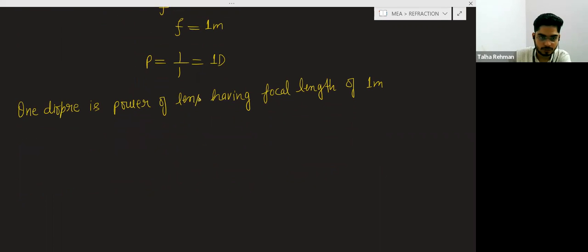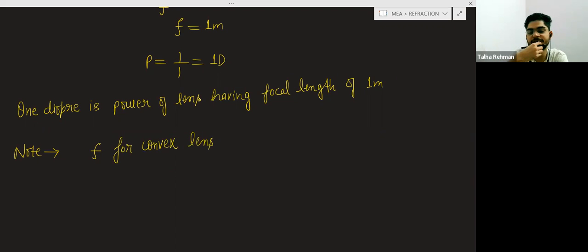Now, this small f is the focal length. Remember, small f is the focal length. This small f for a convex lens is positive or negative, Martin, for the convex lens?